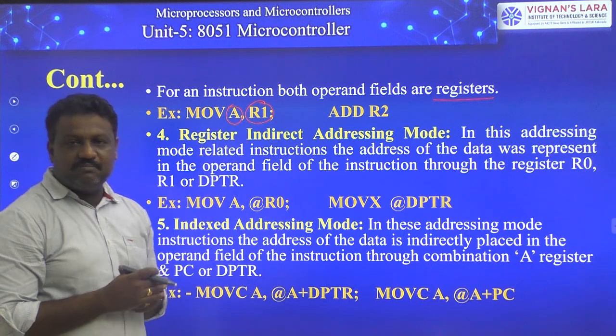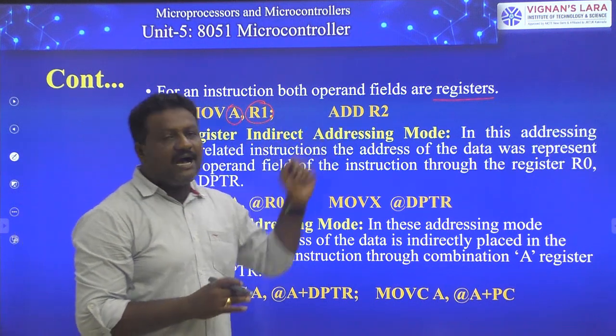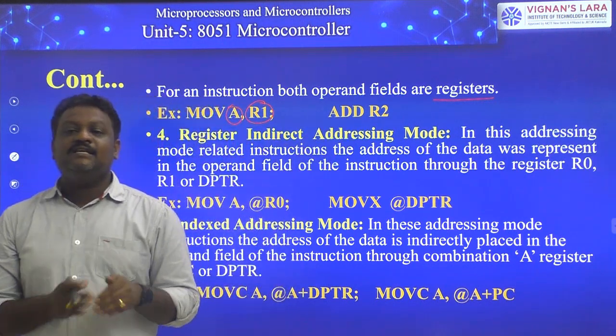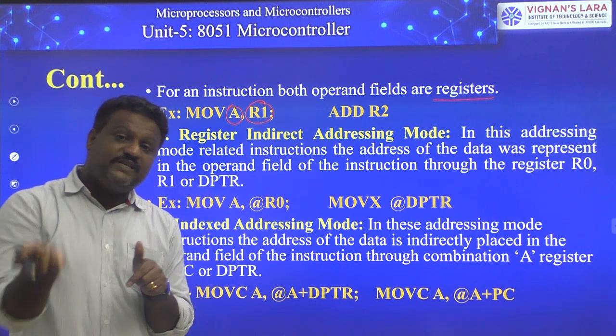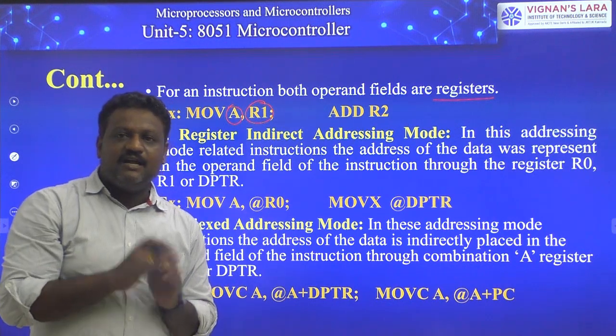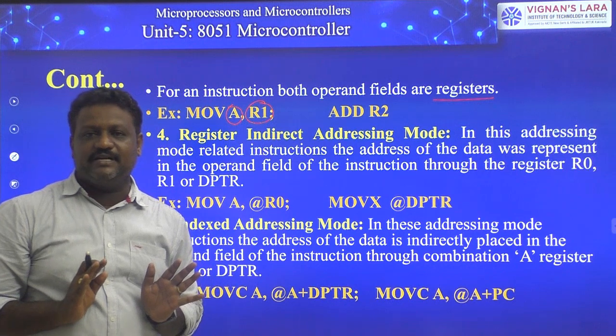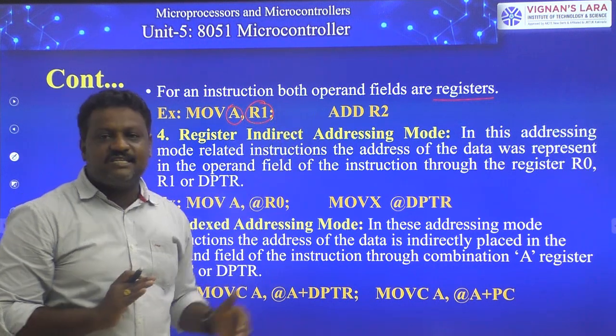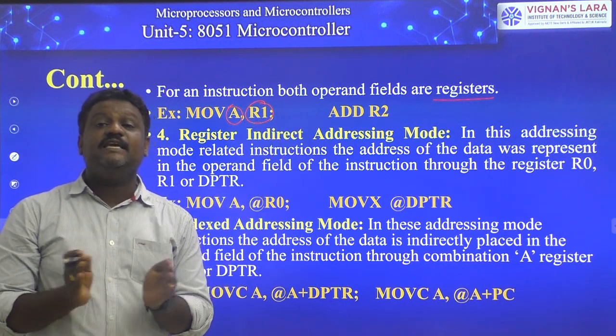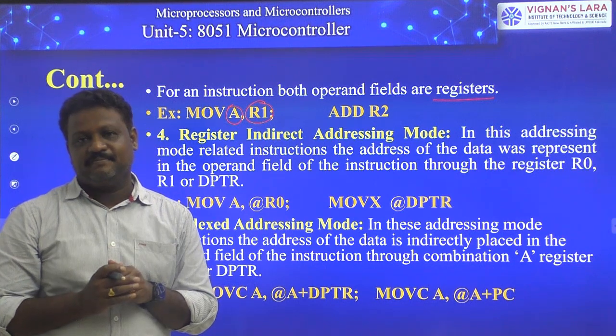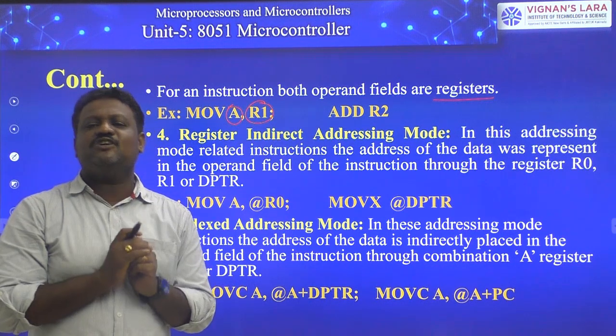And coming to the meaning of the second example, ADD A, R2. That means add the content of register R2 with the accumulator content and the result is again stored in the accumulator itself. For this ADD instruction, the accumulator is a default destination operand and also a default operand.